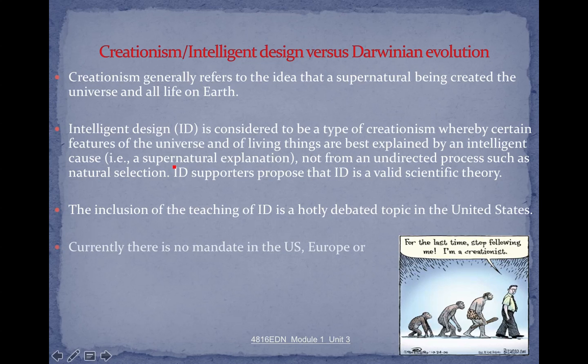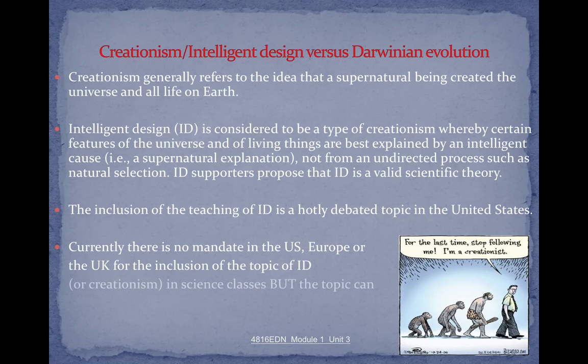So the inclusion of the teaching of intelligent design is a hotly debated topic in the United States because in some states, Darwinian evolution is not taught. It's removed from textbooks because of the religious underpinnings of many people in those states. So there's no mandate in the US, Europe, or the UK for the inclusion of the topic of intelligent design or creationism in science, but the topic can certainly be included in social science, history, and philosophy classes in some countries.